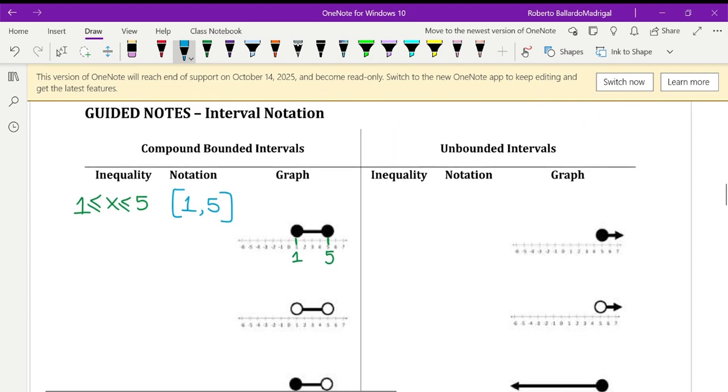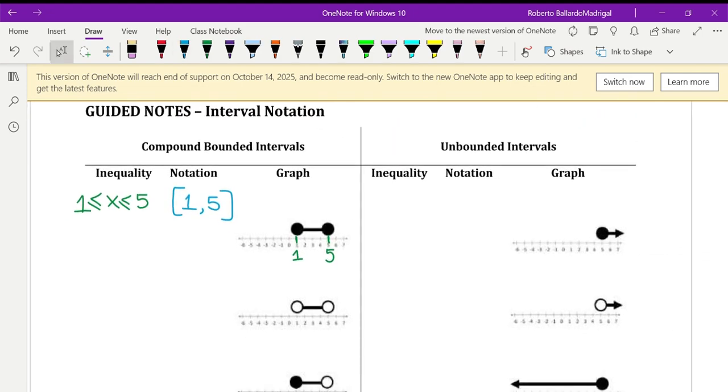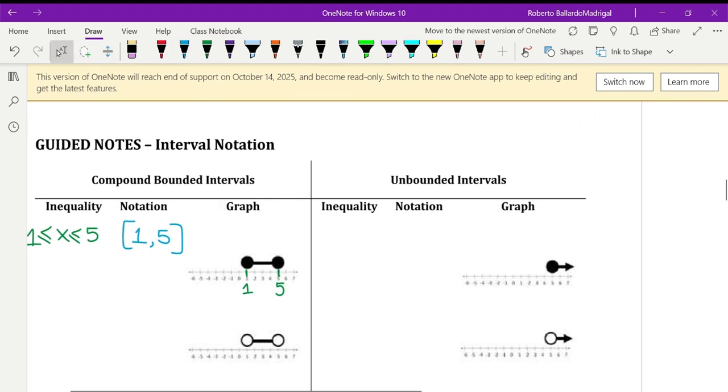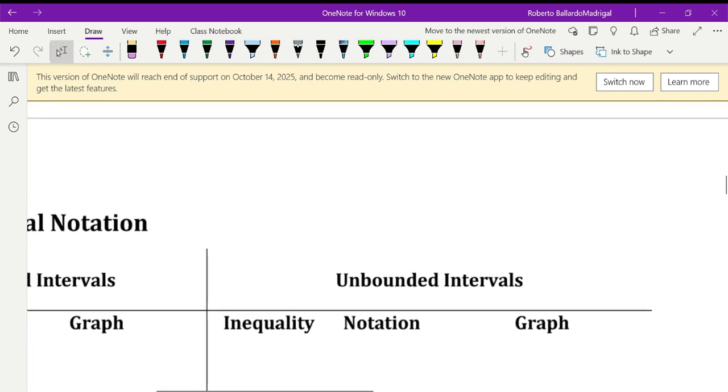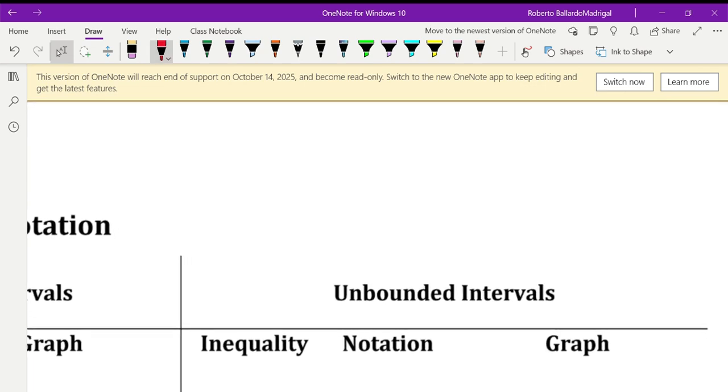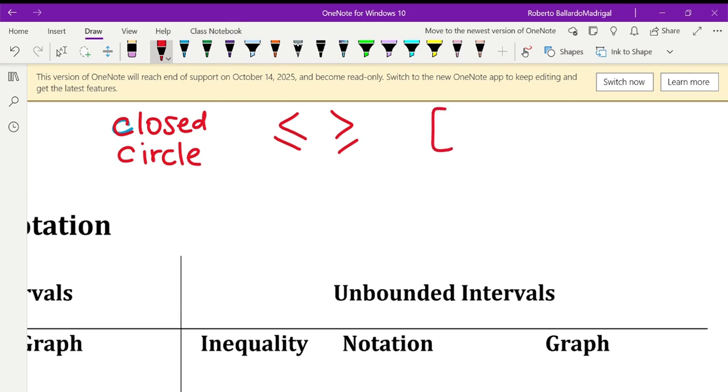So we should probably write that somewhere. Let's see. You guys have some space up here, yeah? Let's do the following. So closed circle. You get these inequalities, the ones that are or equal to, paired up with these brackets.